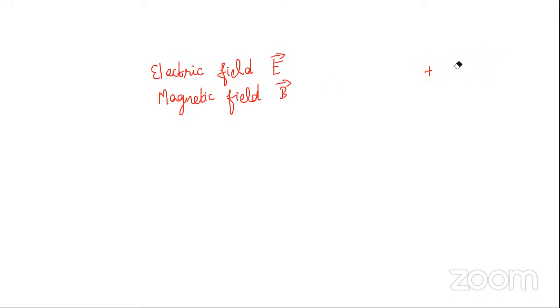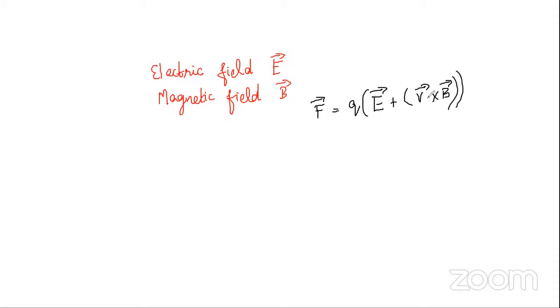So the force acting on this is given by F equal to Q into E plus v cross B. Okay, it's very simple. When you have a charge in an electric field, the force experienced is F equal to QE.